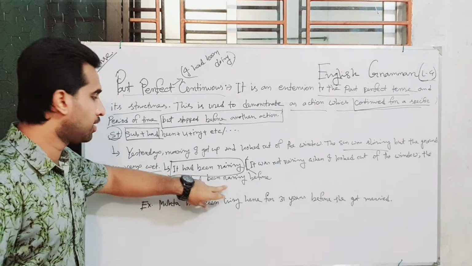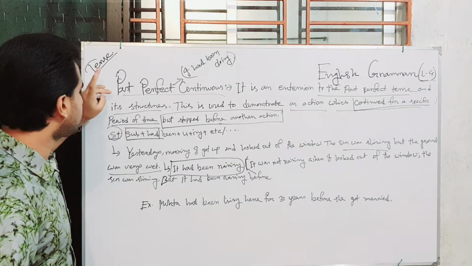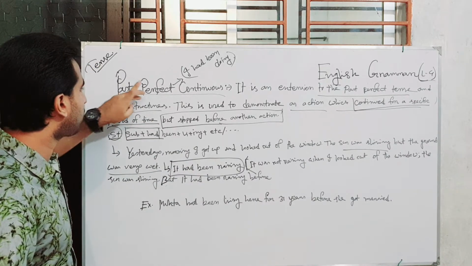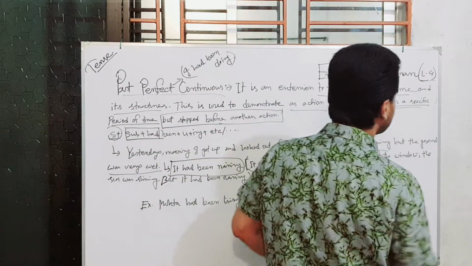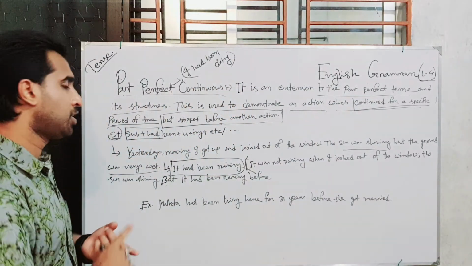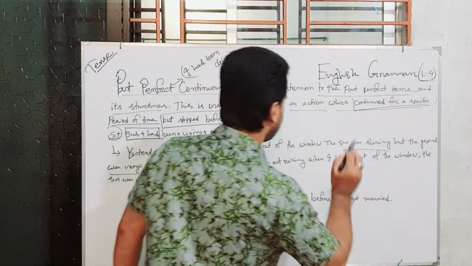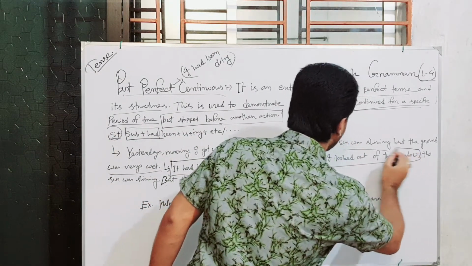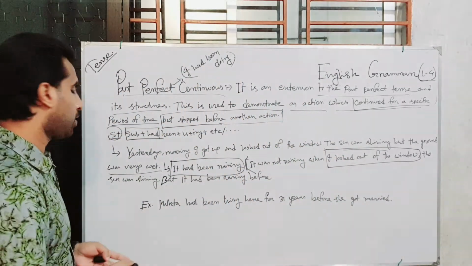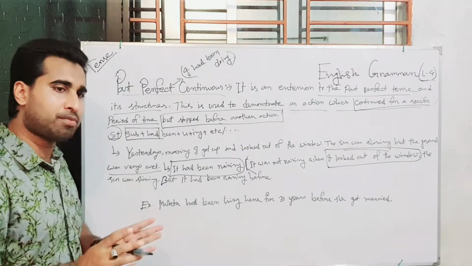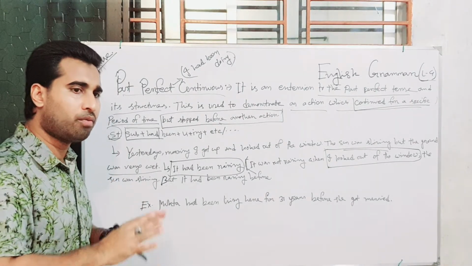My dear students, please be careful to understand this sort of tense. Past perfect continuous tense is such kind of tense where an action which continued for a specific period of time but stopped before another action. Stopped before another action means, I looked out of the window is an action, but when I got up from bed, the sun was shining, but the ground was muddy or wet.